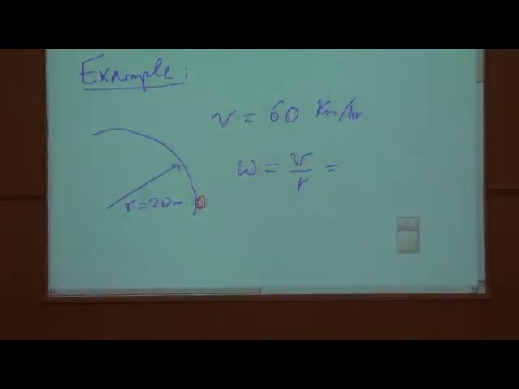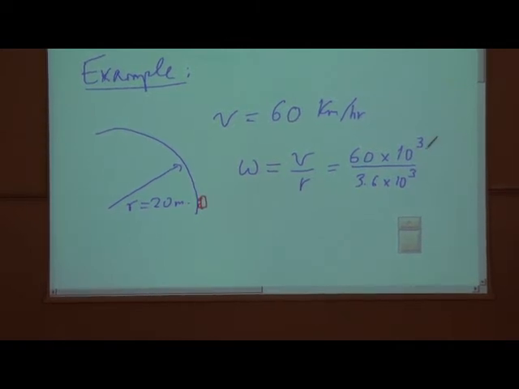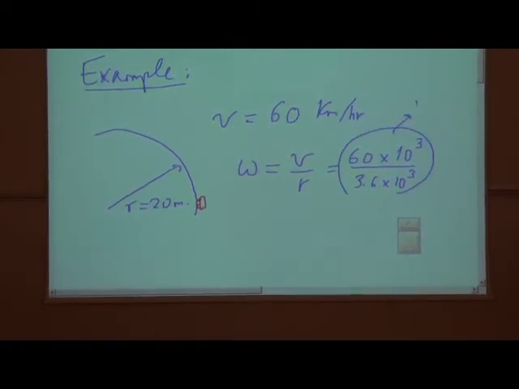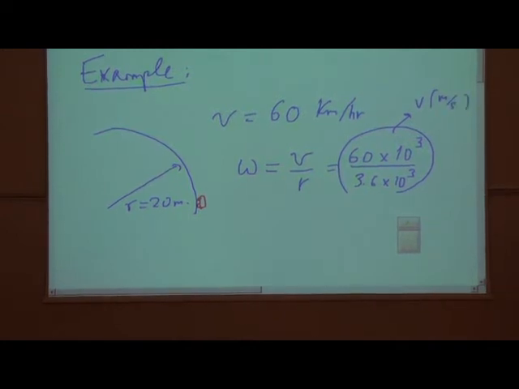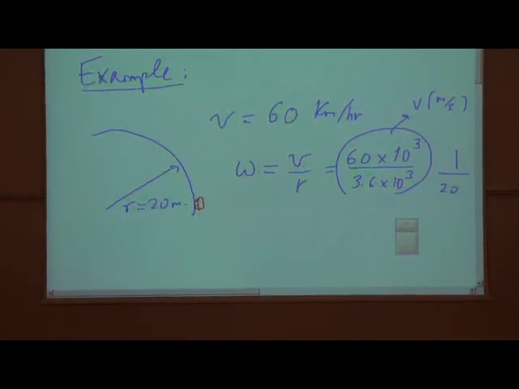Okay, so it's 60, I want to make this into meters, so 60 meters. And how many seconds in an hour? 3.6 times 10 to the 3, 3,600. So this is V in meters per second. And our friend chose the radius to be 20 meters.